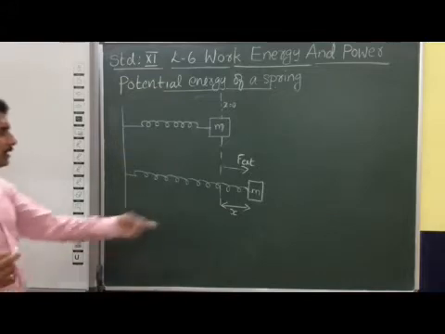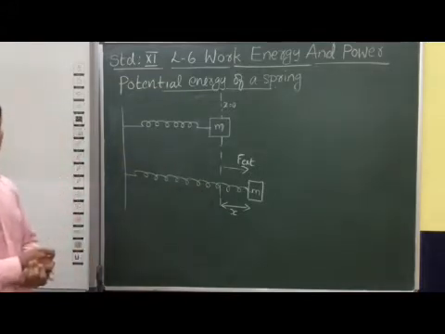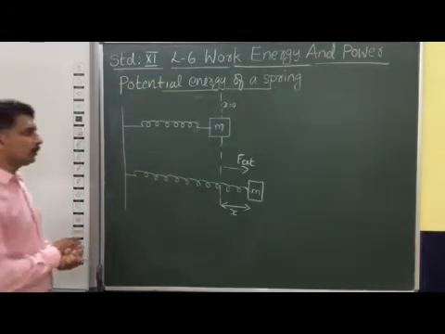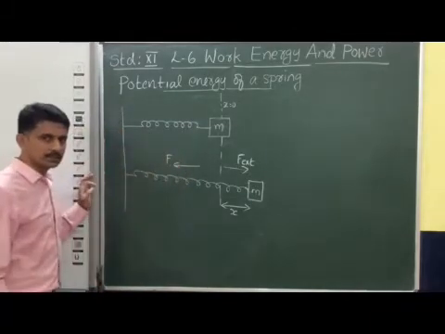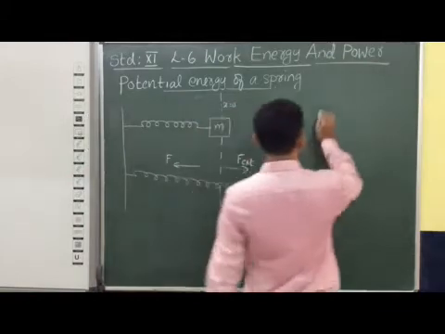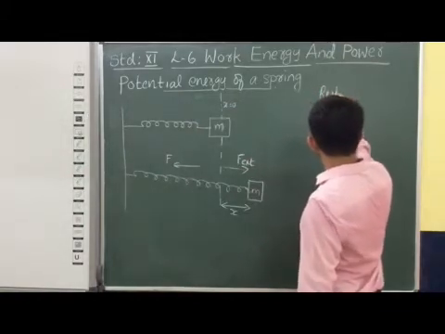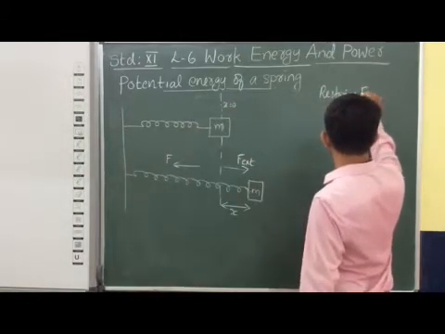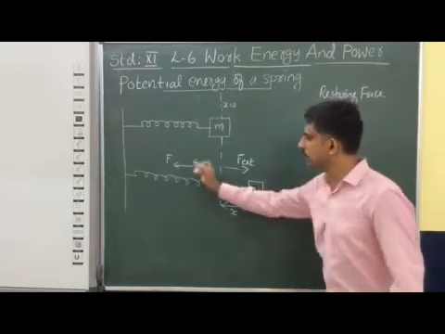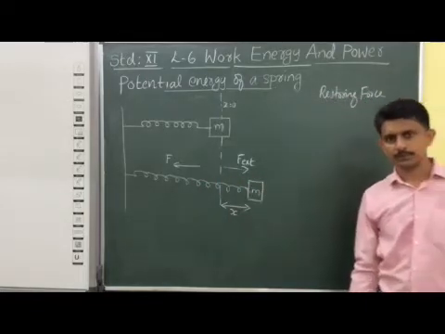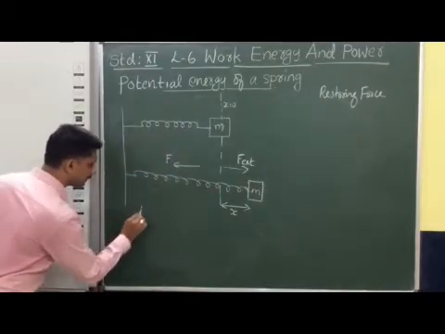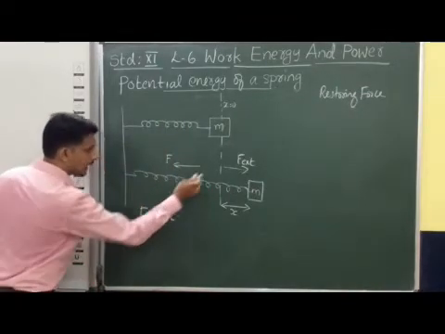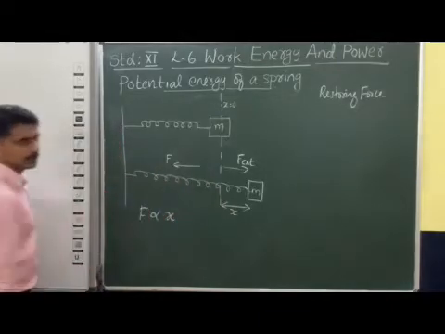When an external force is acting on this spring, an opposite force is always developed. We call that force a restoring force. It is in the opposite direction of the external force. This restoring force is directly proportional to the displacement and in the opposite direction of the displacement.